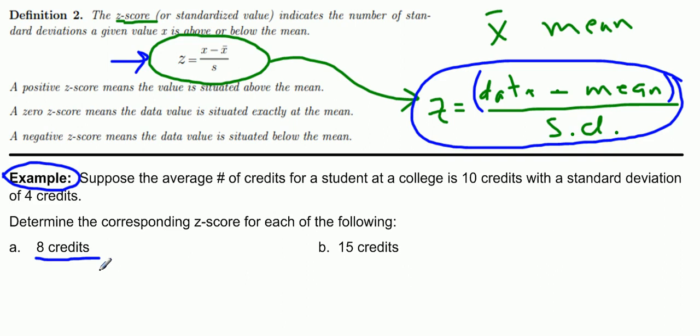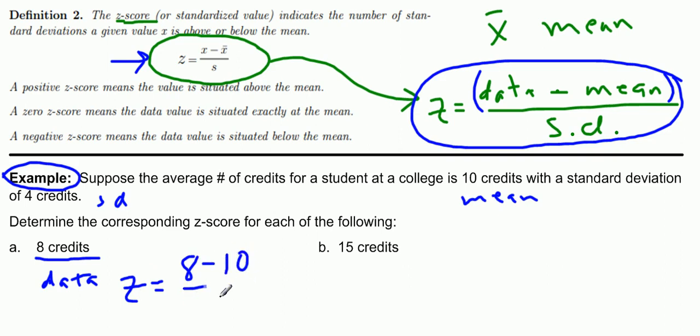So in this case, this is our data value that we're trying to determine a position for relative to the mean. So the mean is 10. The standard deviation is 4. So the z-score for this student who takes 8 credits is going to be the 8 credits they're taking minus the average 10 credits, that's the mean, divided by the standard deviation.